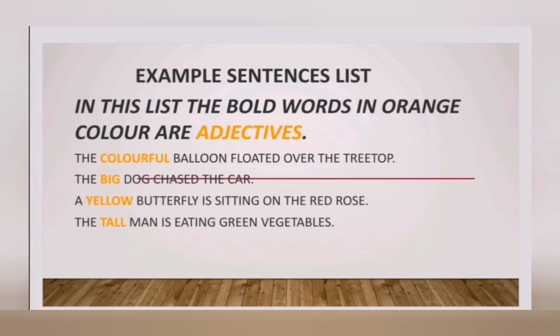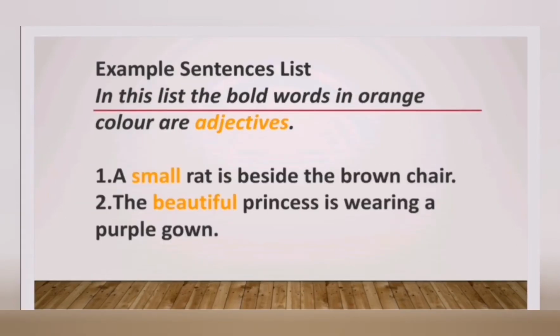The tall man is eating green vegetables. A small rat is beside the brown chair. The beautiful princess is wearing a purple gown. The bold letters in orange color are adjectives.